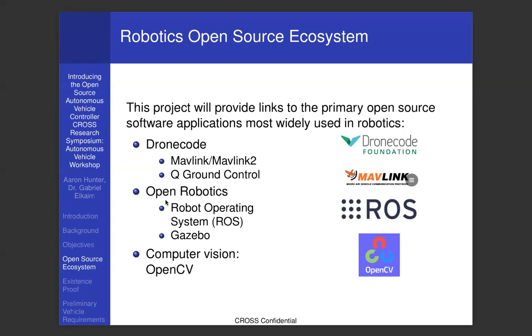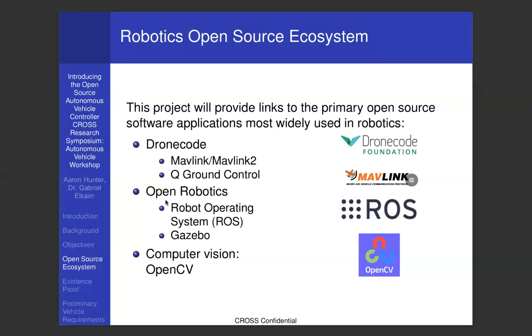And then finally, or in addition, there is the Open Robotics Foundation, which has two main applications. One is called the Robot Operating System, or ROS, which allows your component to be integrated into a larger ecosystem of robots. So our controller will inherently be integratable to ROS, primarily through a link called MAVROS, which is a decoder that changes a MAVLink communication protocol into a ROS node.